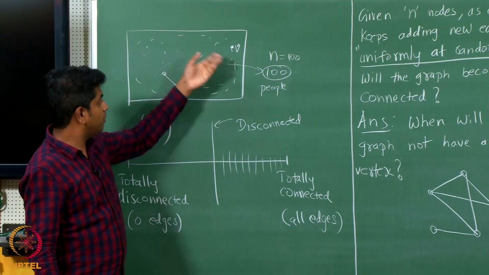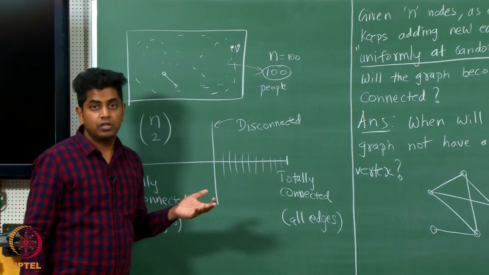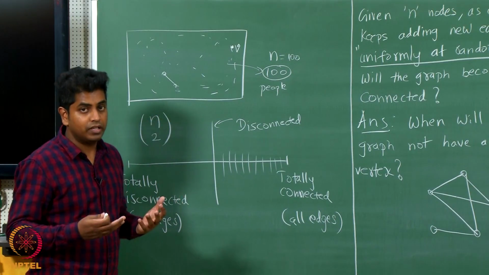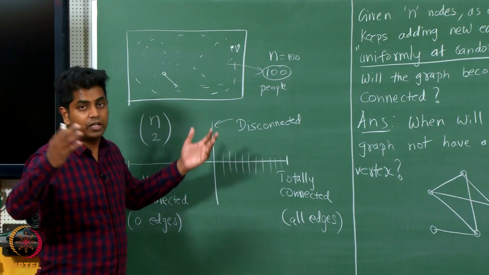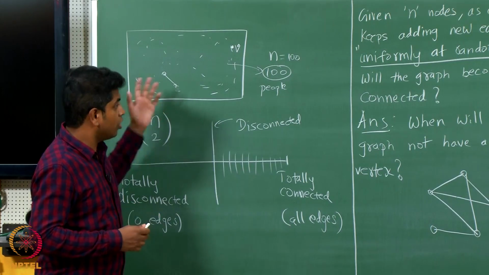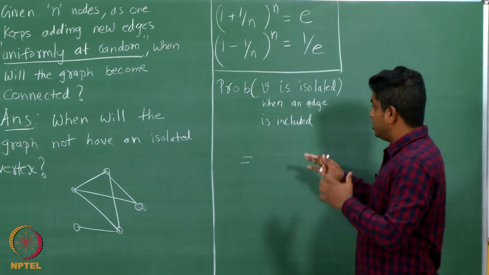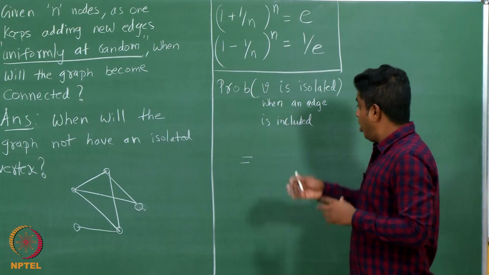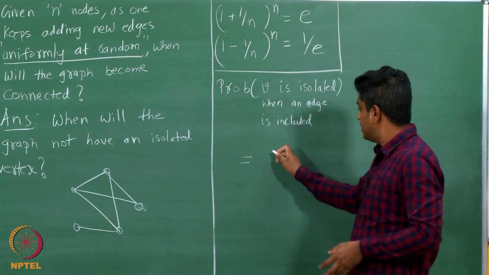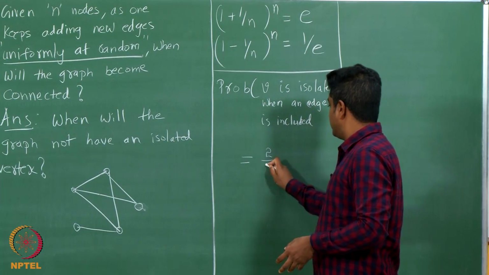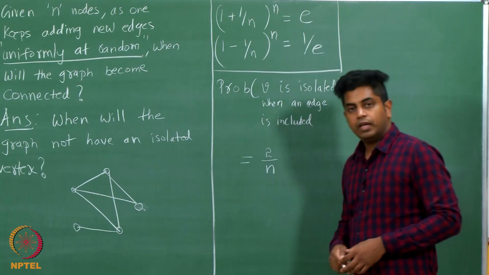It is 2 by 100, simple observation. Maybe you may want to pause and think for a minute why that is true. I am assuming that you know how it is 2 by 100. So the probability that an edge is on V, on a graph with n vertices, is 2 divided by n.